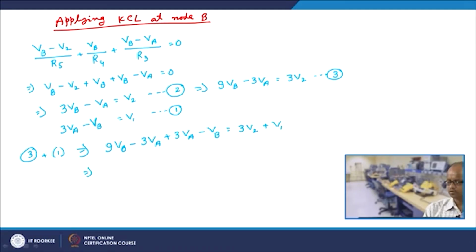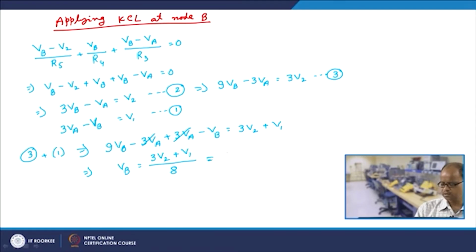So then 8 VB is equal to 3 V2 plus V1. Sorry, there is a little mistake.